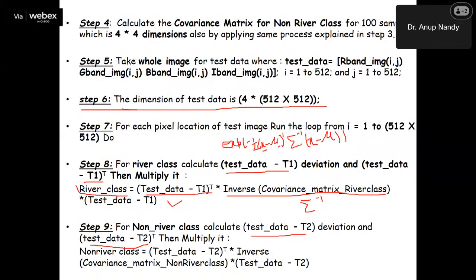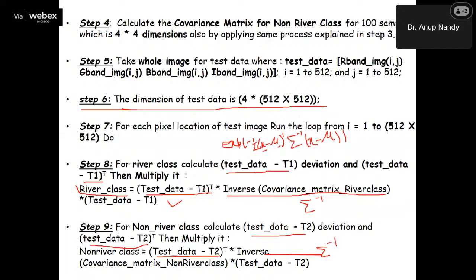Here also you use the same formula for the non-river class: test data minus T2 transpose into the covariance matrix of the non-river class, multiplied by test data minus T2 again. As I already told you, you need to calculate this covariance matrix.